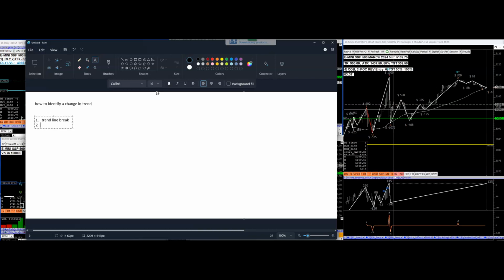But anyway, forget all that crap. Let's go through how to identify change in trend. There are many methods. They talk about trend line breaks. They'll talk about some type of three pushes to the high. What else have you heard of is some type of divergences. Of course, you've heard of climaxes from the Wyckoff school of thought.